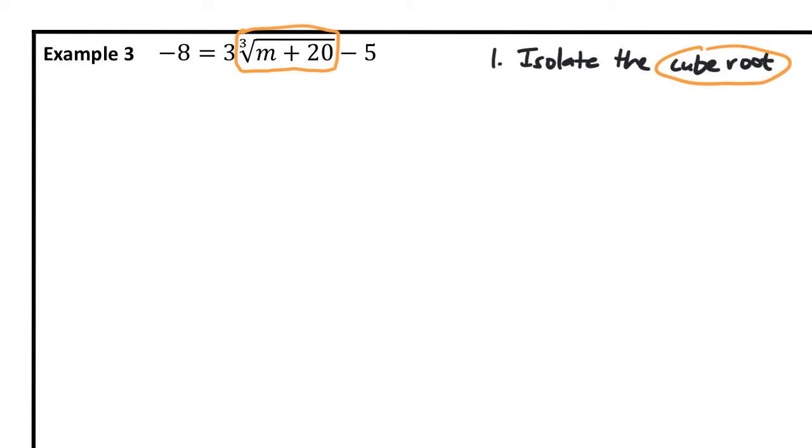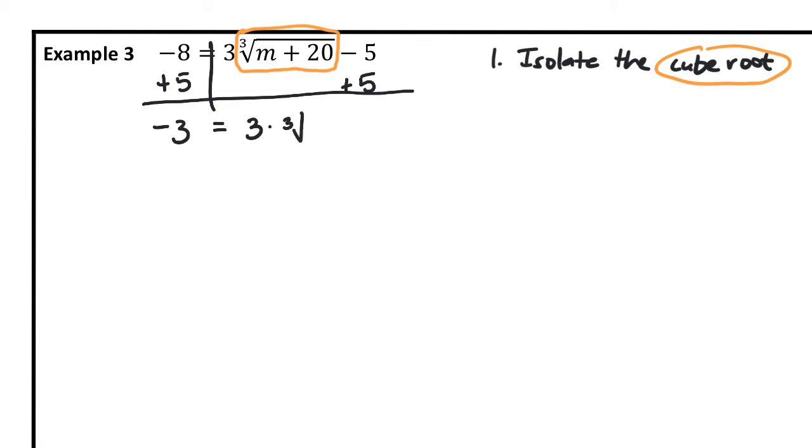So notice what I have around it: a times 3, and a minus 5, and equals negative 8. So I want to add 5 on both sides. It's going to give me negative 3 equals 3 times the cube root of m plus 20.